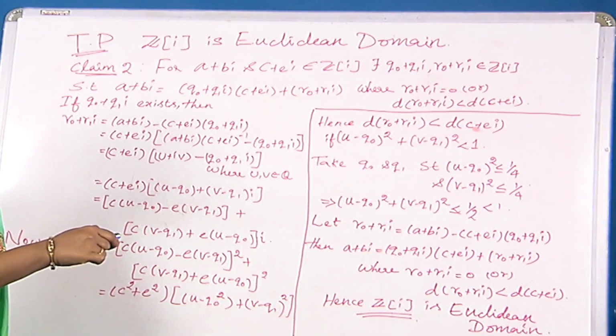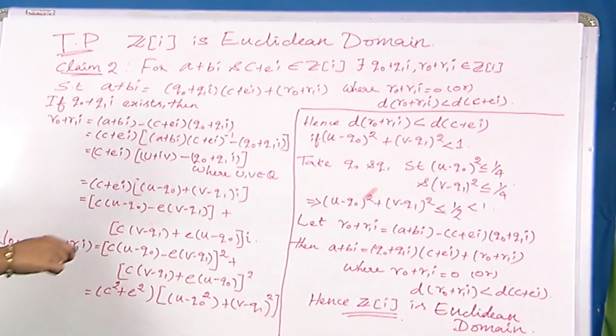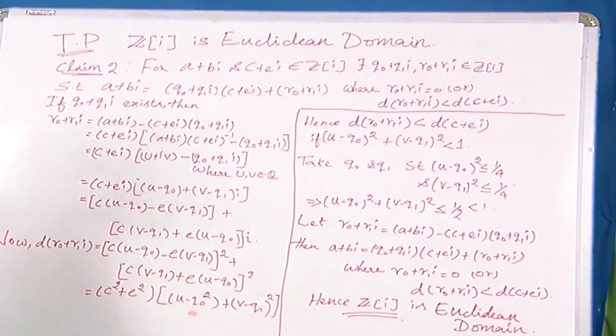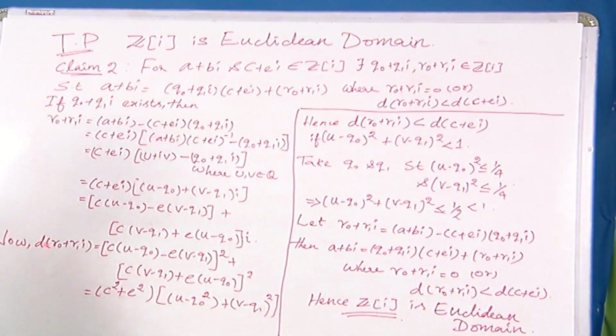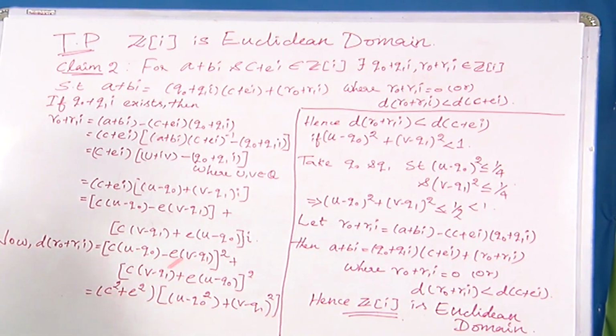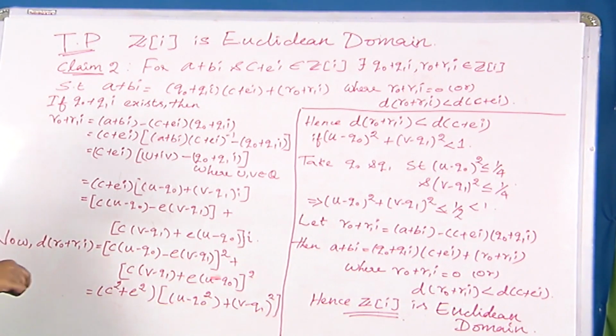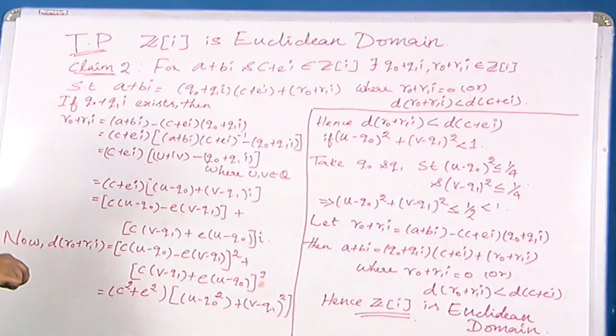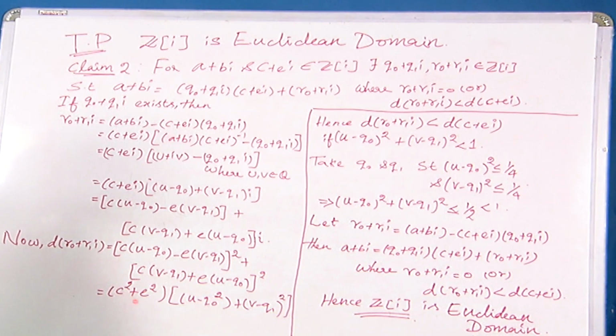But in order for this particular statement to be true, you have to have that this statement is less than 1. You can see that d of r naught plus r1 I is equal to c squared plus e squared times this term. Now what do we know about c squared plus e squared? It is actually d of c plus ei by the actual definition given in the theorem. Now this is d of c plus ei times this term, but I need to make this less than d of c plus ei.